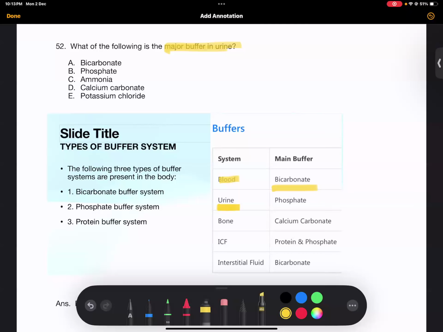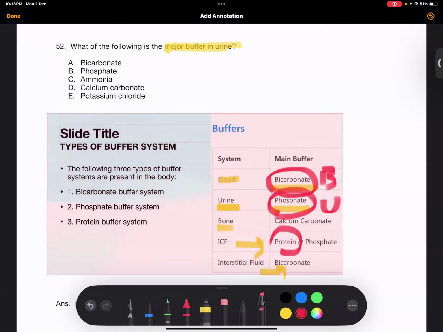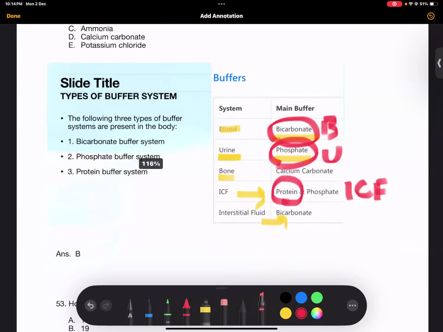Whenever they ask you urine, then it should be phosphate. Bone is calcium carbonate. Intracellular fluid would be protein and phosphate. And interstitial fluid would be bicarbonate again. So these 4-5 things you need to remember. Bicarbonate, phosphate, and protein buffer, these 3 are the most common. Bicarbonate is your blood, phosphate is your urine, and protein is your intracellular fluid. So these 3 you have to remember.